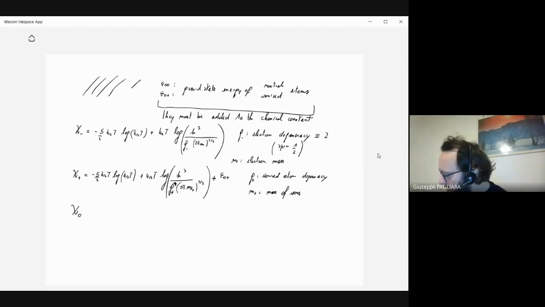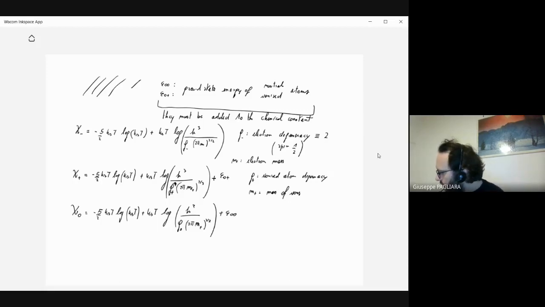Then finally we have a chi0, which is the same quantity but for neutral atoms, in which the first term is equal to the previous ones. Then we have a log of h cubed. Here we have a g0, I guess. Then we have a 2 pi m plus, and I will comment on this in a moment, plus E0,0.